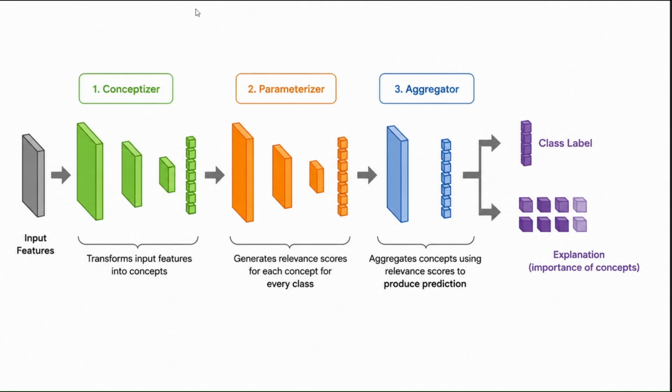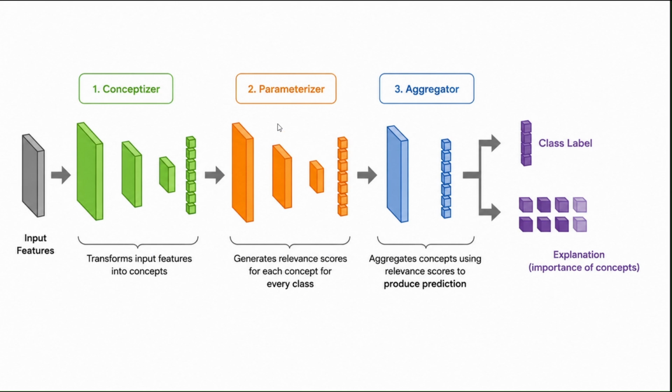I will now briefly go over the SEN architecture. The core of our system is the Self-Explainable Neural Network, or SEN. The architecture consists of three main modules: the conceptizer, the parameterizer, and the aggregator. The conceptizer converts input features into interpretable concepts. Unlike a traditional black box model, it preserves interpretability rather than transforming inputs into internal numeric representations.